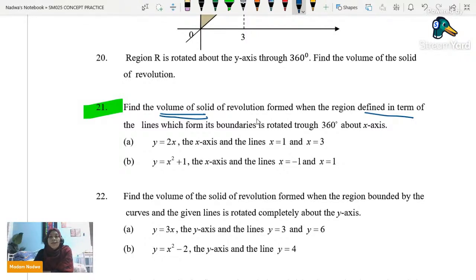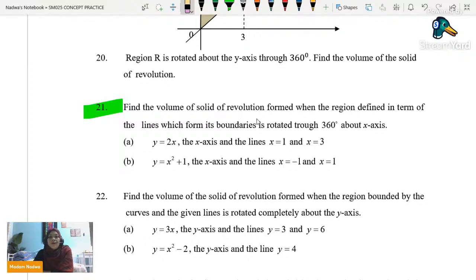Tapi saja dia guna perkataan ayat bahasa Inggeris yang lain. Sebenarnya dia nak cakap region bounded by the lines ni. Kenapa dia sebut the lines? Kenapa tak cakap je function dia apa? Sebab lines dia lain, line dia lain. Okay, function yang berbeza.